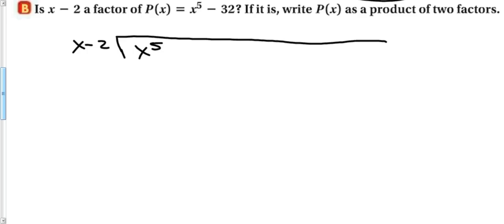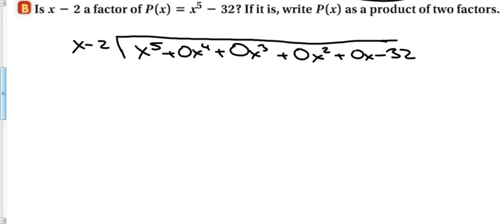That's x to the fifth plus 0x to the fourth plus 0x to the third plus 0x squared plus 0x minus 32. So even though this problem has a binomial and a binomial, when we include all the missing zeros, it turns into a pretty large problem.